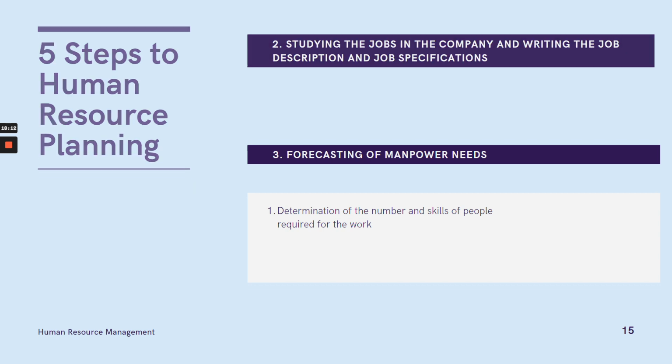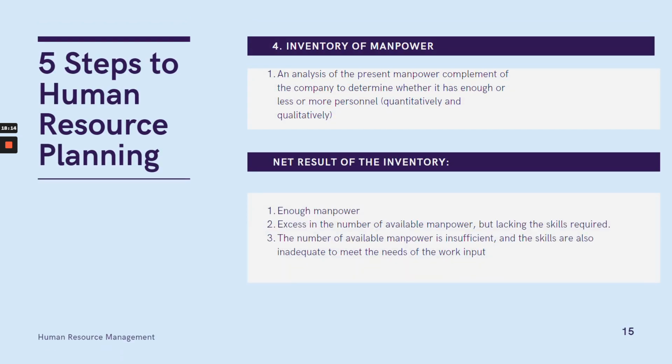Then the fourth step is the inventory of manpower. So this fourth step gyud is the planning process in the inventory. Parang i-audit nimo ang imong available ang current manpower. So, mahitabo ani nga step is that there will be assessment of the skills niya.